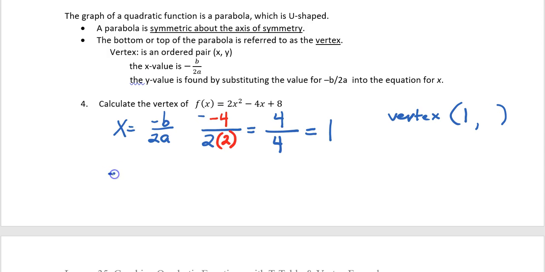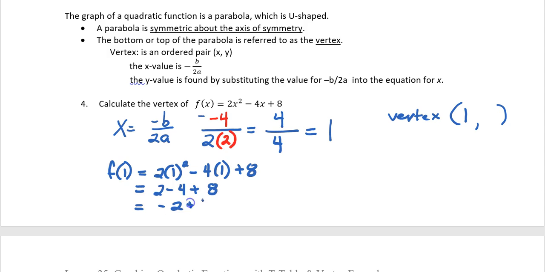So we are familiar with that work. We would write f of 1, which equals 2 times 1 squared minus 4 times 1 plus 8. Follow your order of operations with the right-hand side, which will be 2 minus 4 plus 8, which will give us 6.